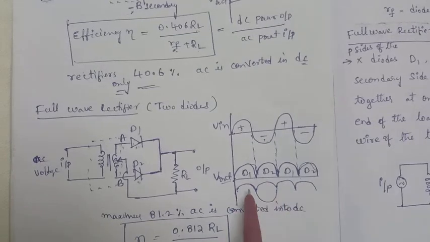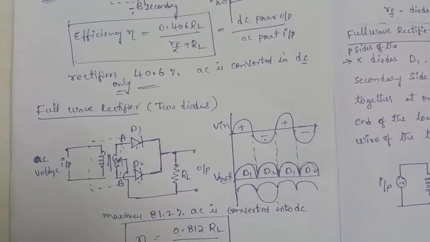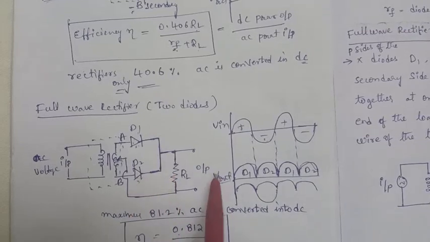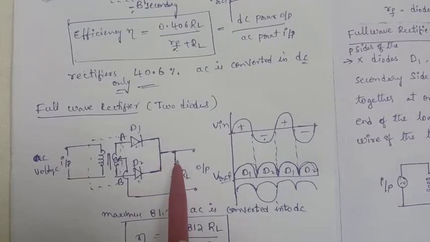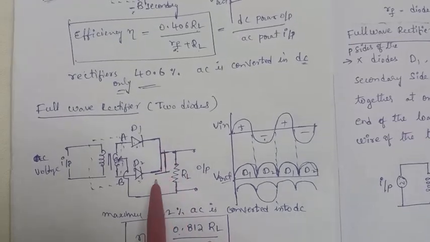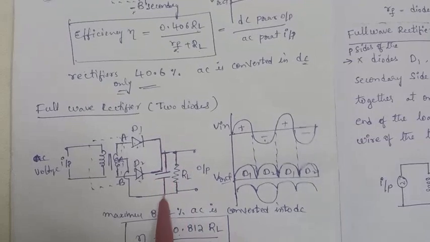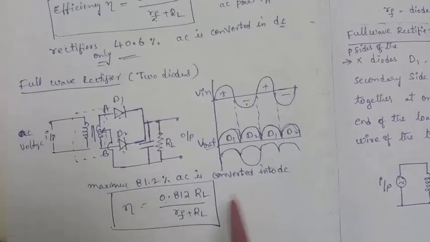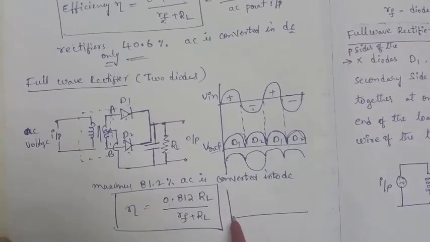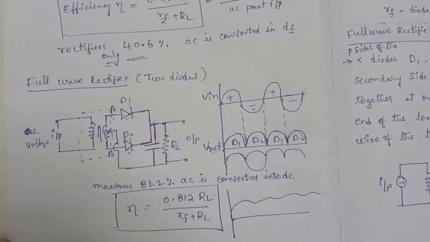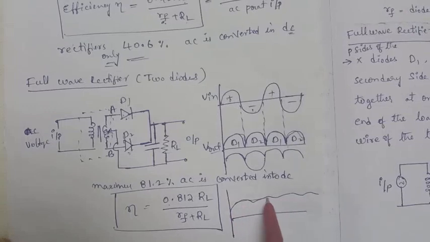To get a steady current, we use filters. Before the load resistor, we connect a capacitor in parallel to the load resistor. Then only do we get a steady current, with the output looking like this.